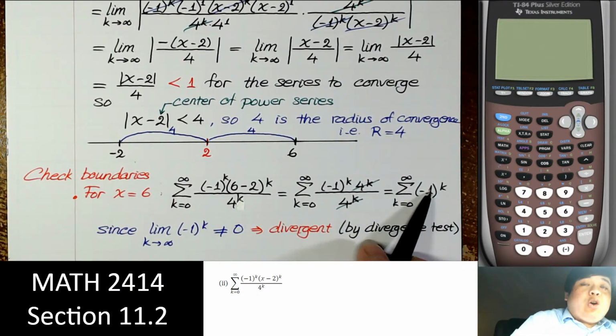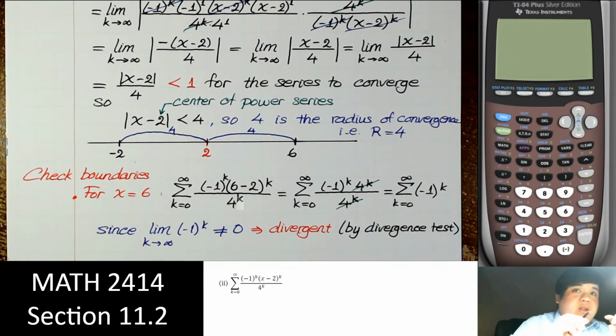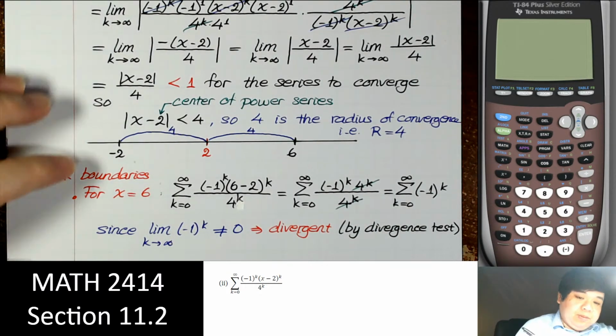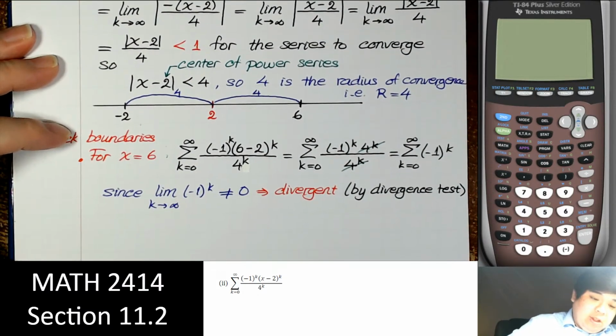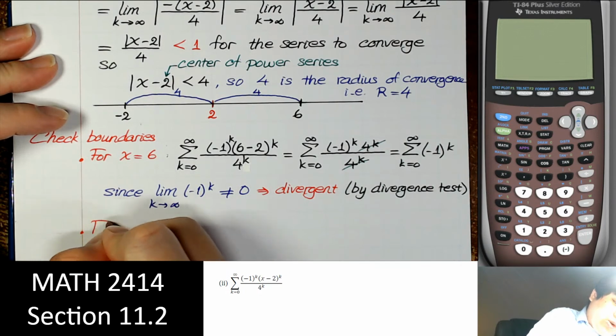If the last term does not go to 0, it cannot converge because the sum keeps changing. Right, that is x equal to 6, divergence. Now how about x equal to -2?